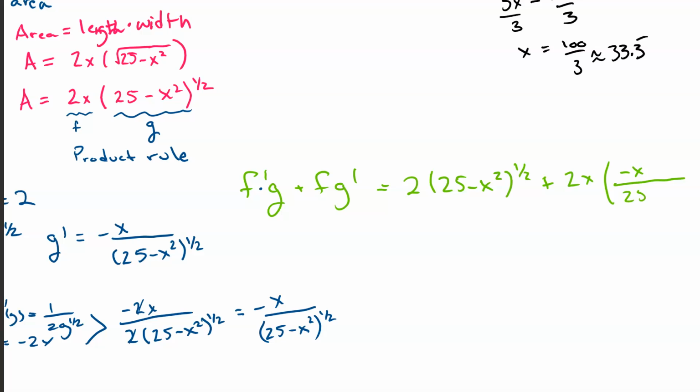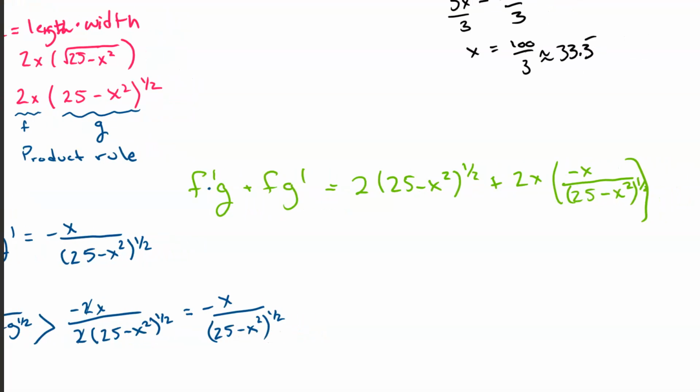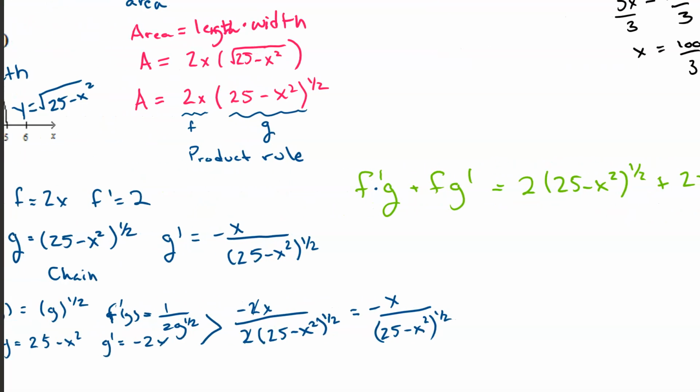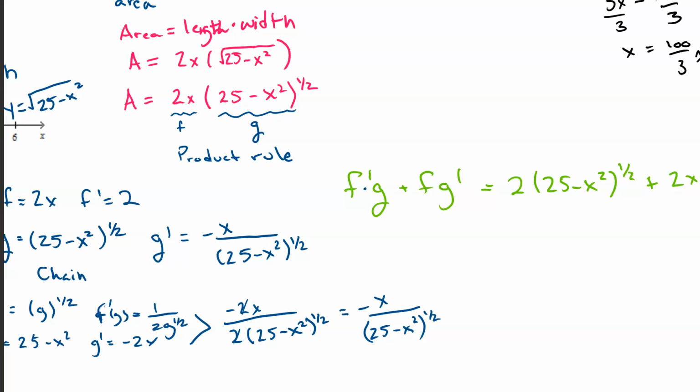We're about to do some math magic here, and you might not like it, so sorry. But it's going to make everything prettier for us to look at. Remember, this is our derivative that we're finding here of area.